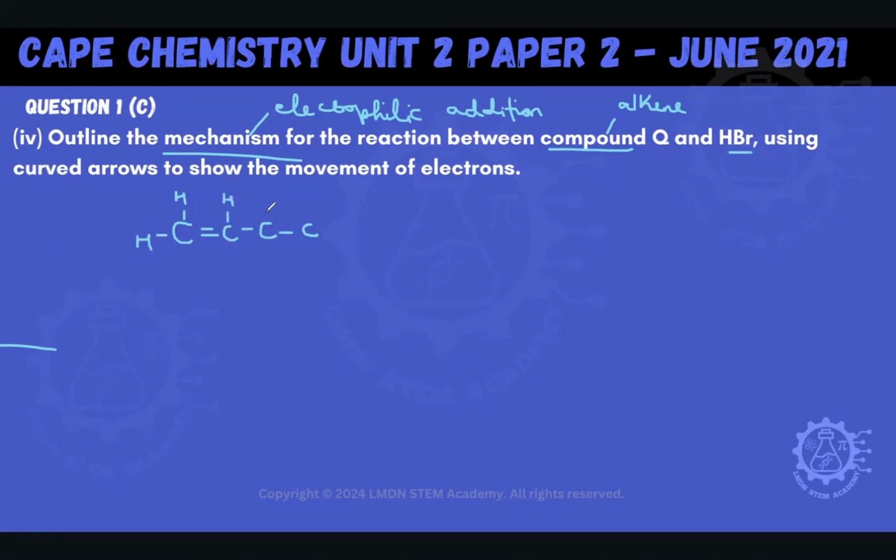So let's put our H, H, H, H, H, and H. So remember, it was C4H8. All right, so I just drew this form, which is what we said, it was butene.